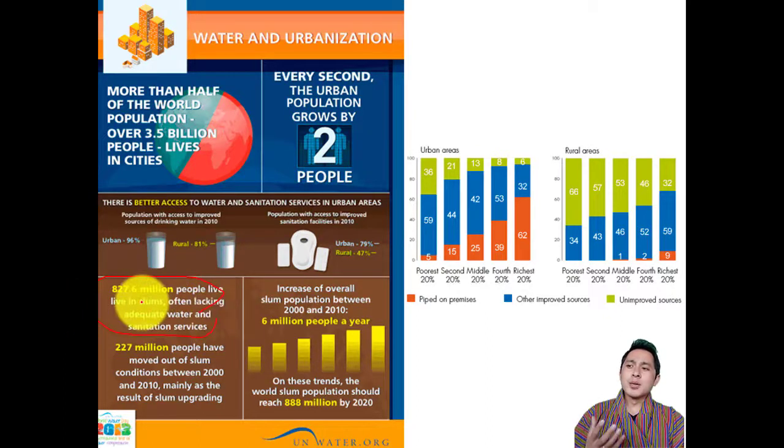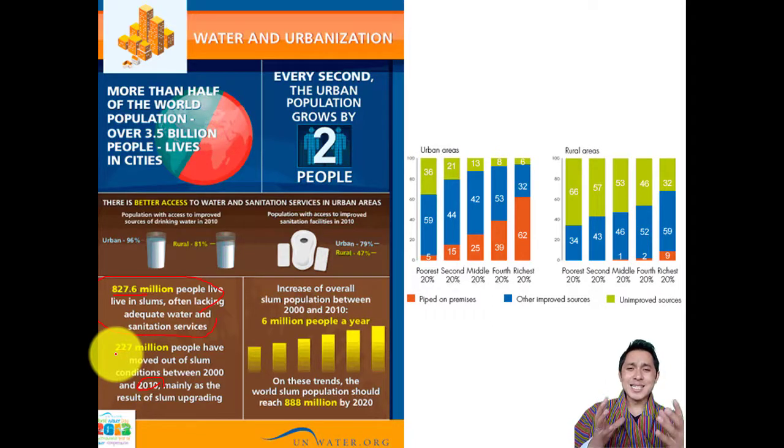The world has around 8 to 7.6 million slums, but between 2000 and 2010, around 227 million people migrated from slums to a better life, or to good urban areas.